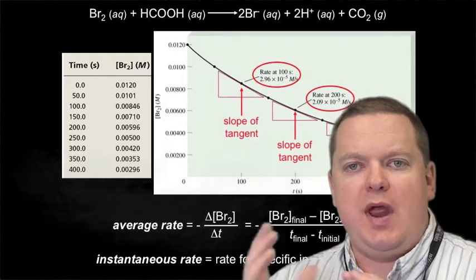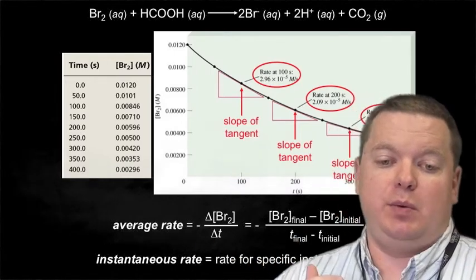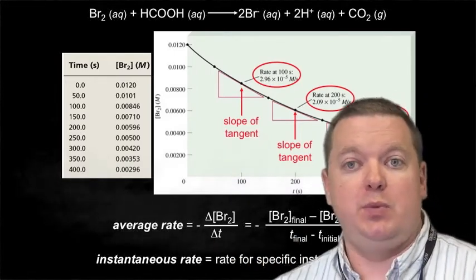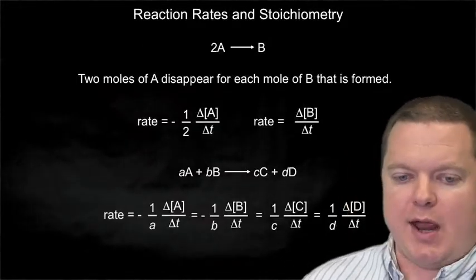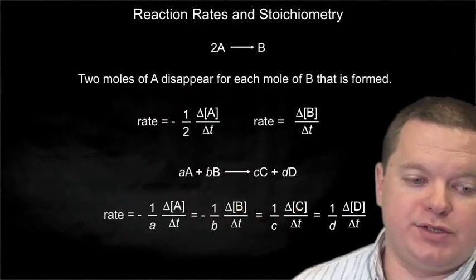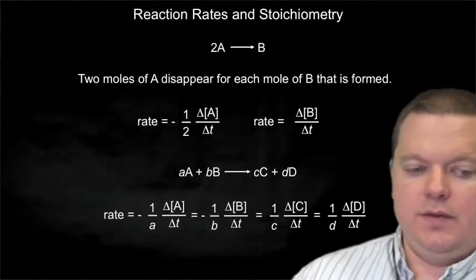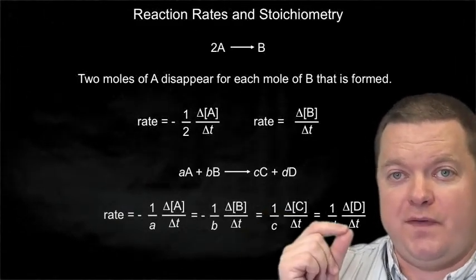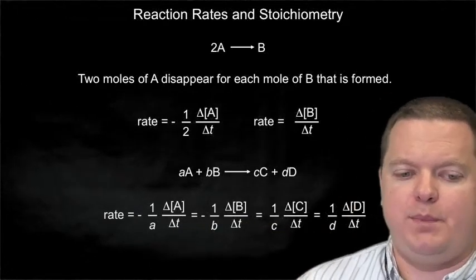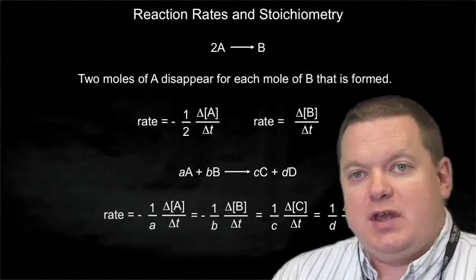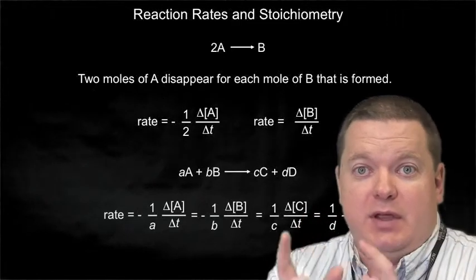Because these reactants and products are stoichiometrically related, we can then stoichiometrically relate their rates. So if we look at a different general reaction, 2A goes to B, that means that 2 moles of A are going to disappear when each 1 mole of B is formed. So we can say that the rate is going to be the same.